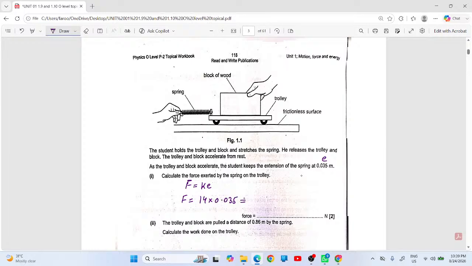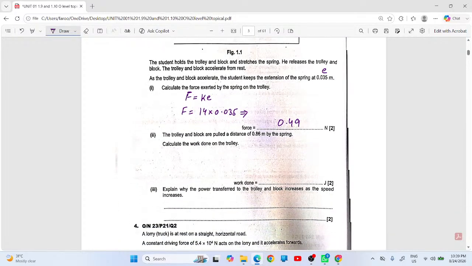Let's check what the answer is. 14 times 0.035 is 0.49. Check the answer. Answer to question number 3, B first part. 0.49.